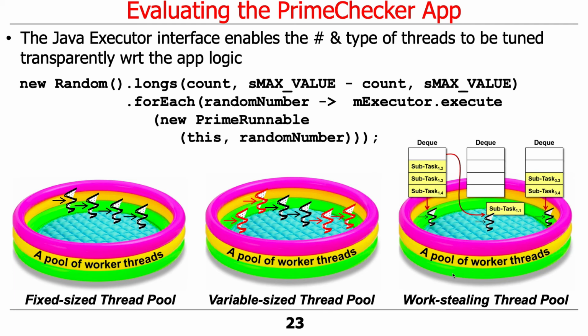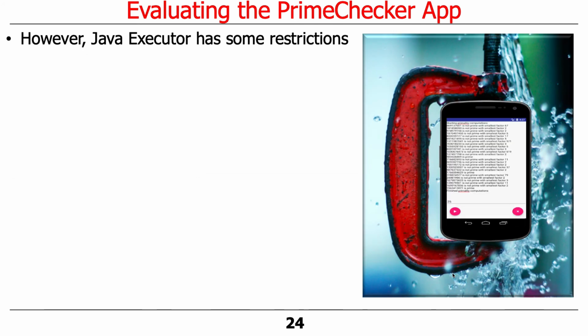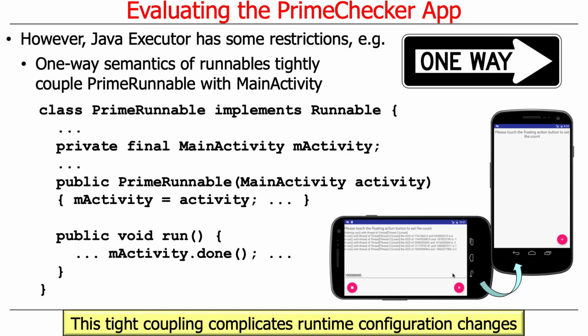However, there are some restrictions with this approach, and you should not be surprised about this because it's a very simple interface after all. In particular, the one-way semantics of Runnables tightly couple the PrimeRunnable class, this guy, with the main activity. So notice how we have a main activity inside of our PrimeRunnable class.